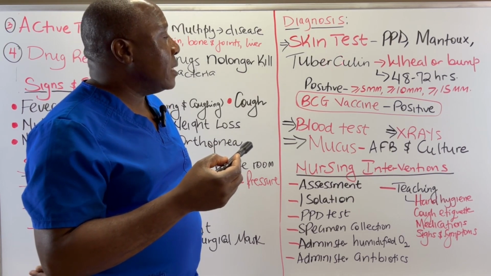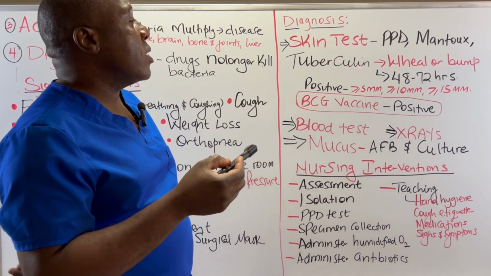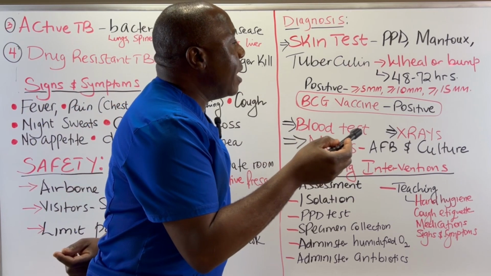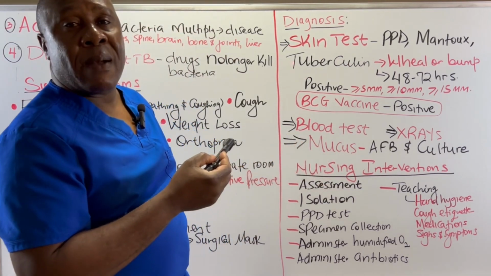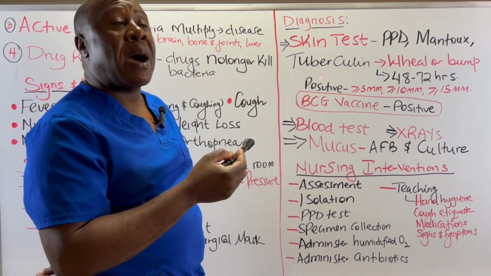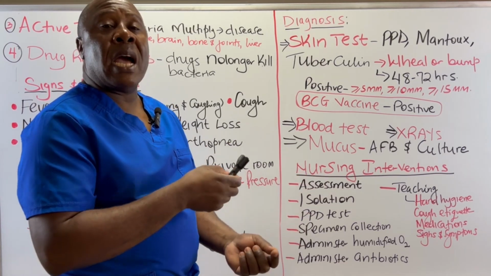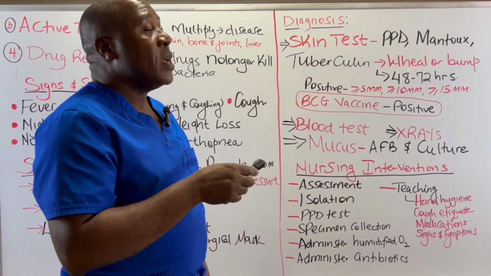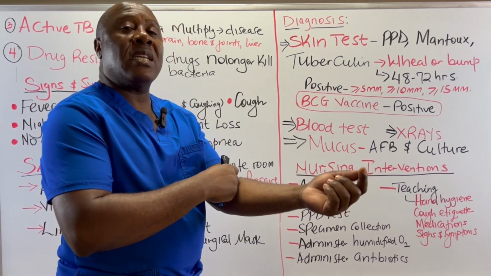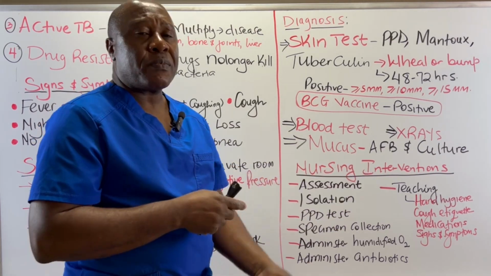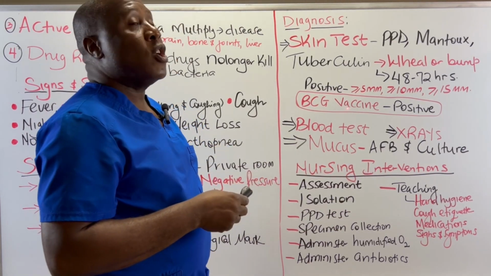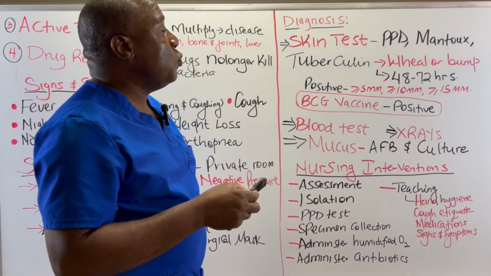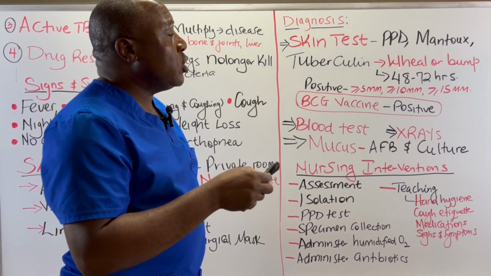When this substance is injected under the skin, a wheal or a bump normally forms in that area. A wheal or a light colored bump will always form in the area where we inject the tuberculin. In most cases, we normally inject it in the lower part of the forearm. These patients are normally asked to come back after 48 to 72 hours.